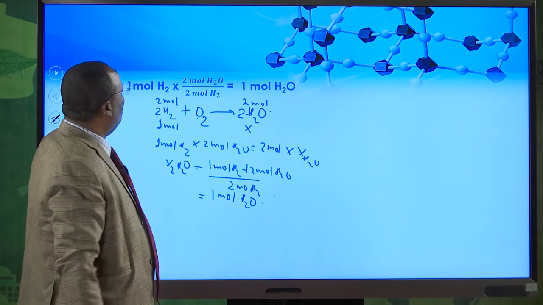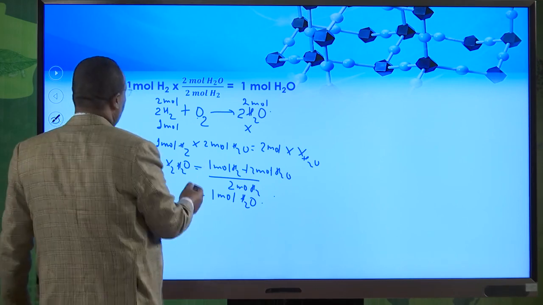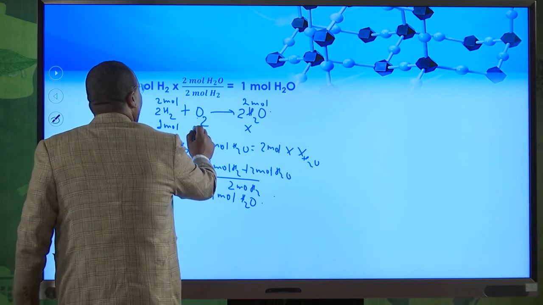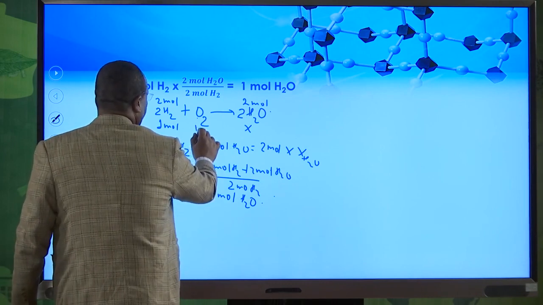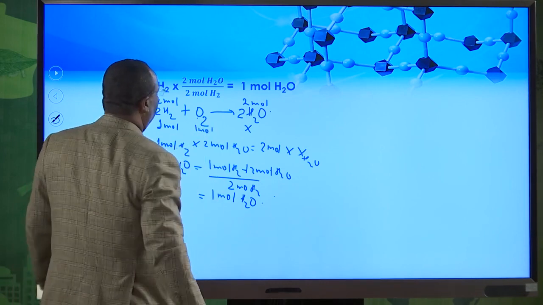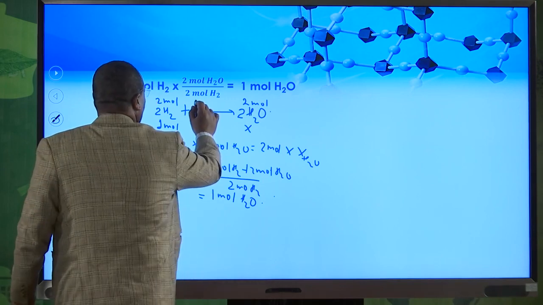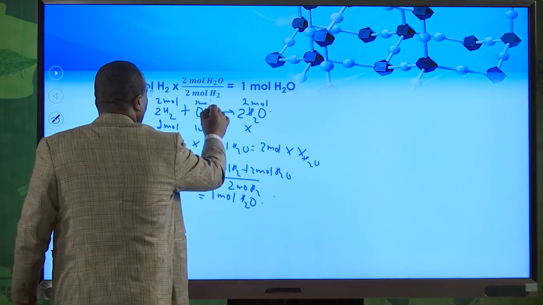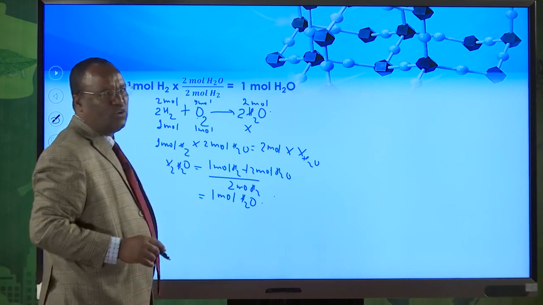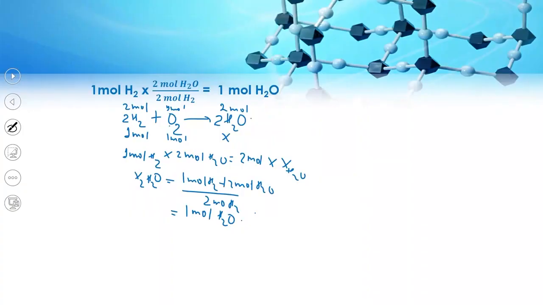What about in the case of oxygen? The same thing is true. We have 1 mole of oxygen in the reaction vessel. 1 mole of oxygen with enough hydrogen molecules will give us 2 moles of water.